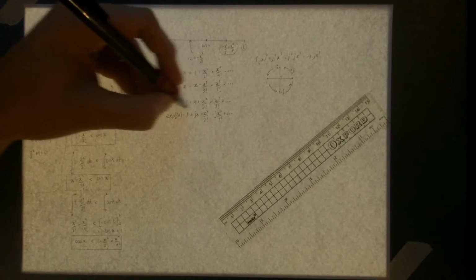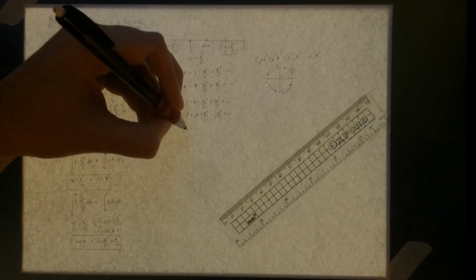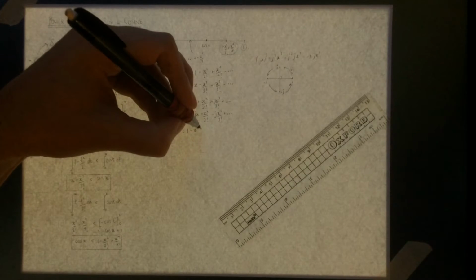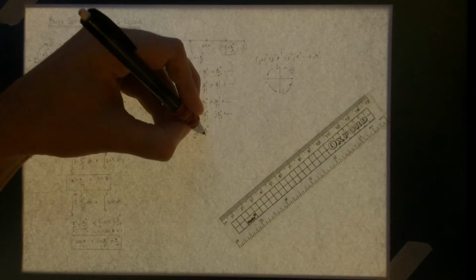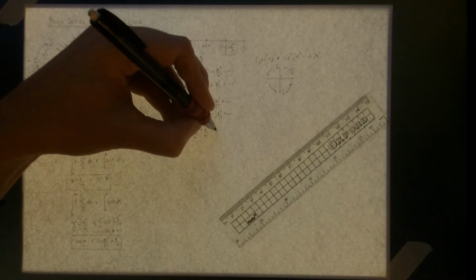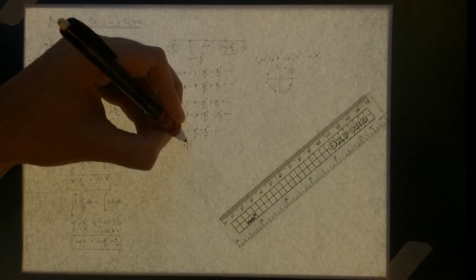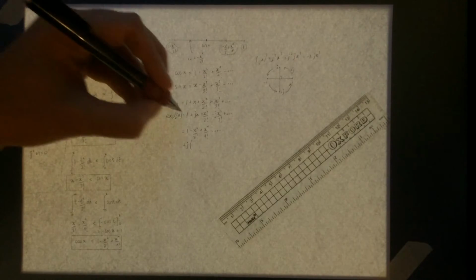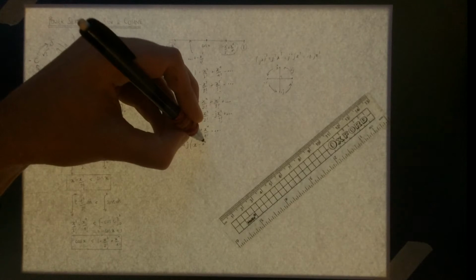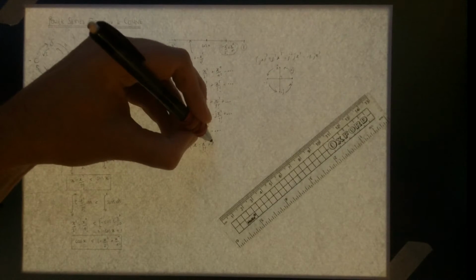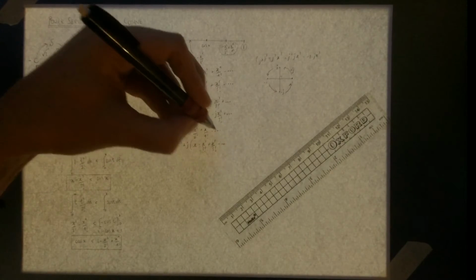So now if we separate out the real and imaginary parts, we've got 1 minus x squared over 2 factorial plus x to the 4 over 4 factorial minus dot dot dot, plus j times x minus x cubed over 3 factorial plus x to the 5 over 5 factorial minus dot dot dot.